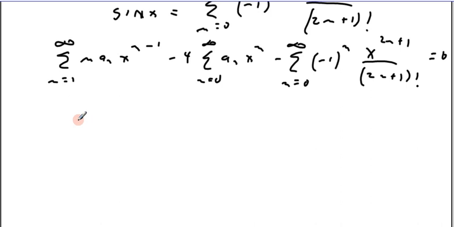Okay, so what do we have? Well, we're going to do a substitution into this guy. N is equal to n plus 1, so we get all of our indexing the same.